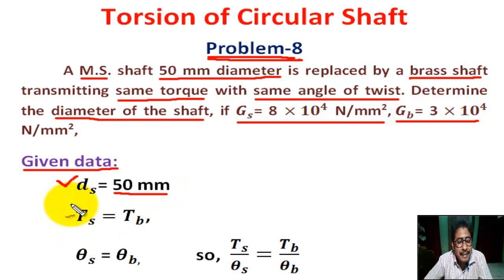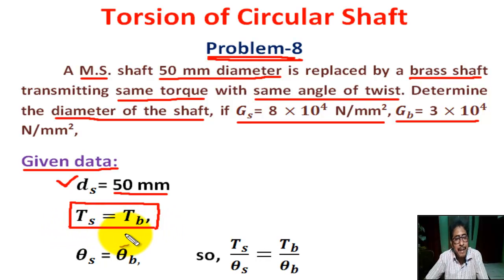Given TS equal to TB. TS means torque transmitted by steel shaft equal to TB means torque transmitted by brass shaft.